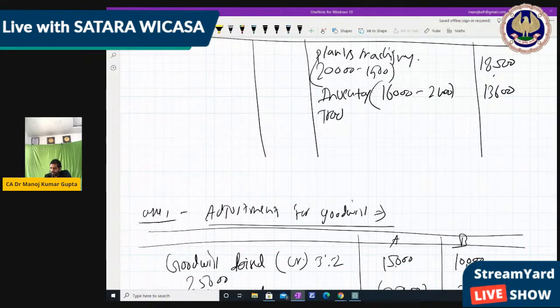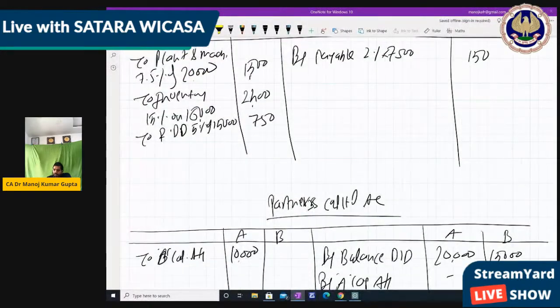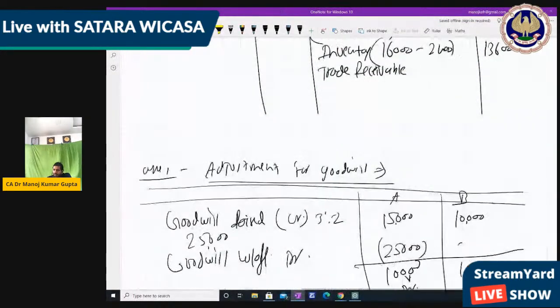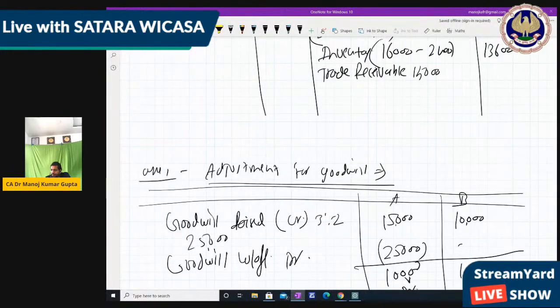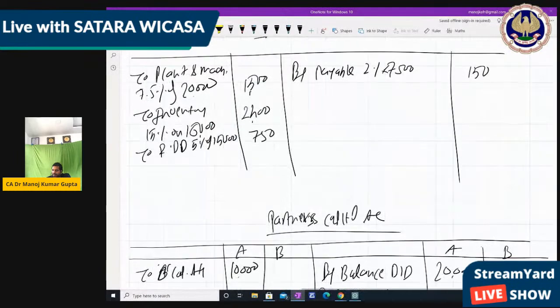Next, trade receivable. Trade receivable 15,000 less 750 comes to 14,250. Right. Then payable.